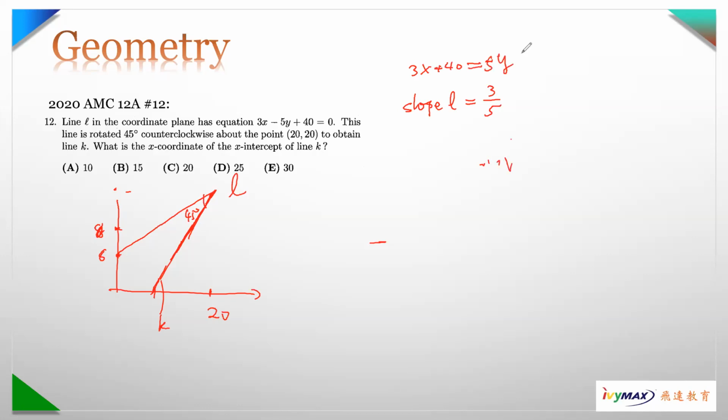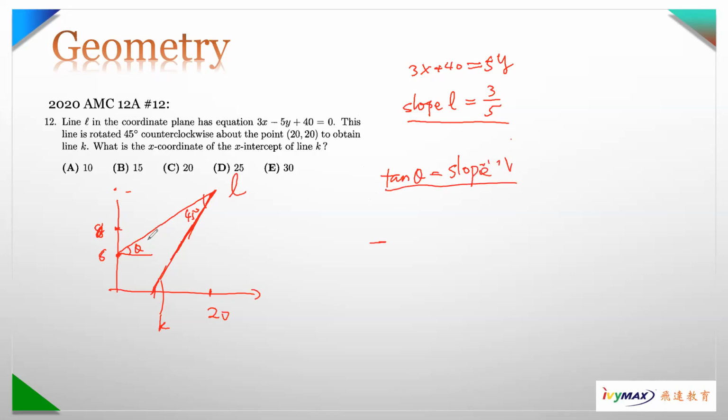So we can get the slope of the first line before the rotation. Based on the knowledge of the line, if the slope equals this value, we can get the angle here, the tangent of that angle should be the slope. Right?